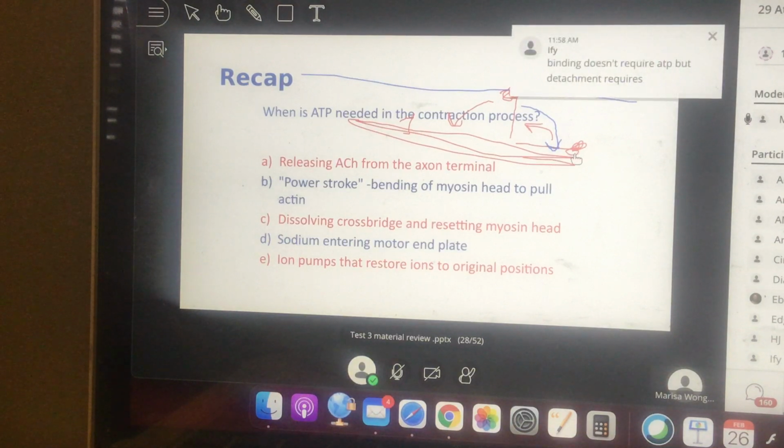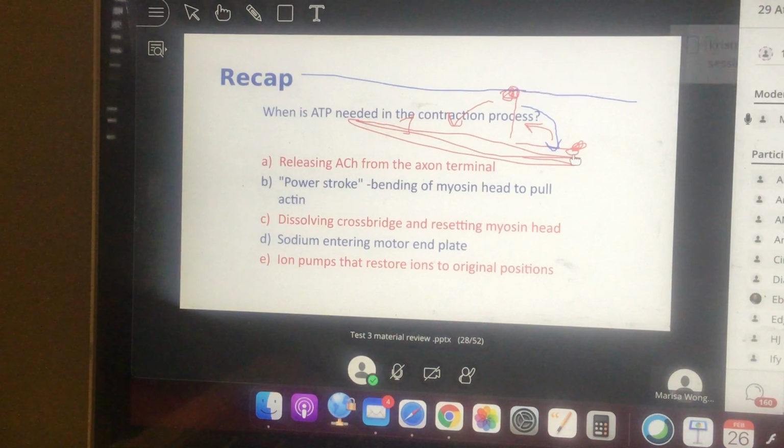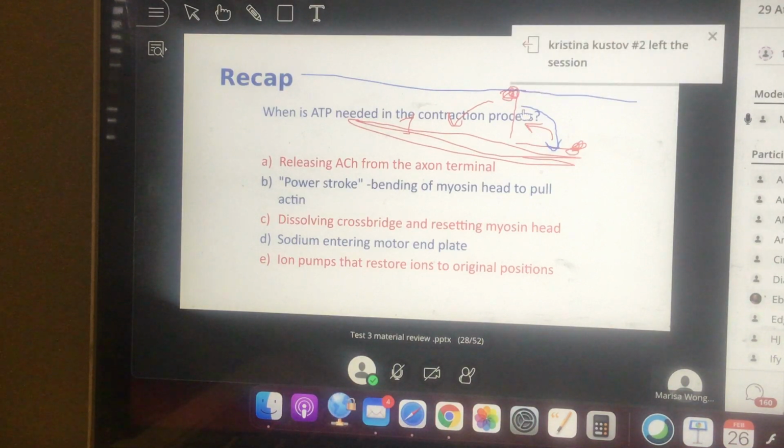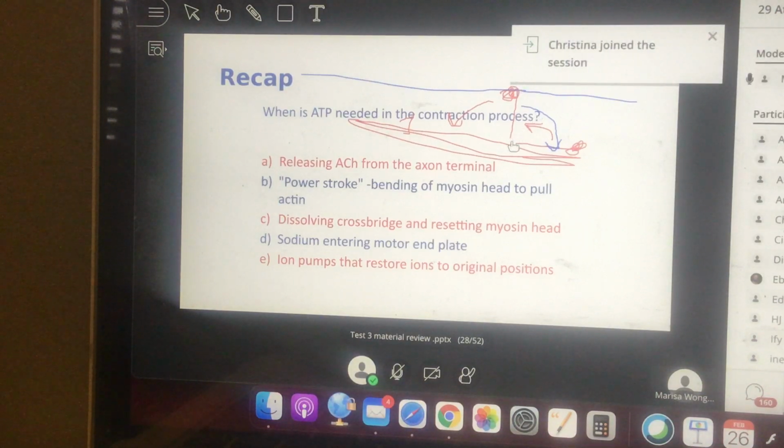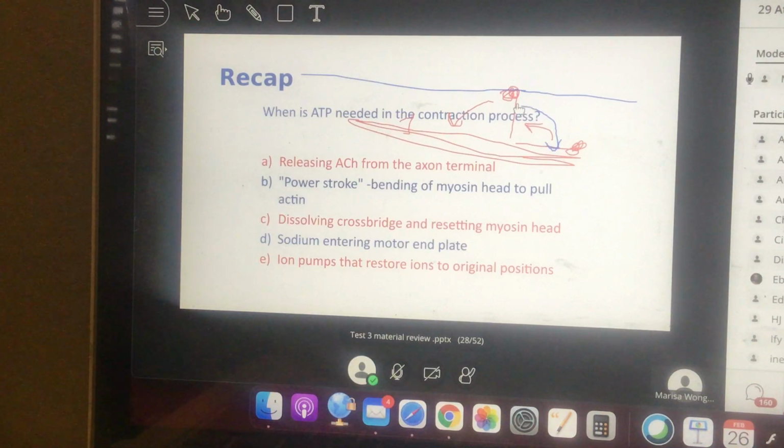You're correct, Iffy, that binding doesn't require ATP because the myosin has an affinity for the actin, but unbinding does require the ATP, because otherwise it's just going to stay stuck to the actin. Does that make a little bit more sense to you guys?